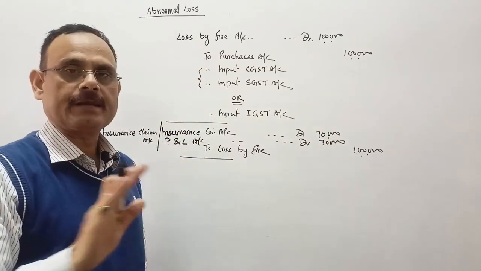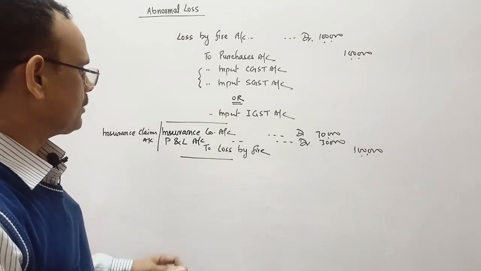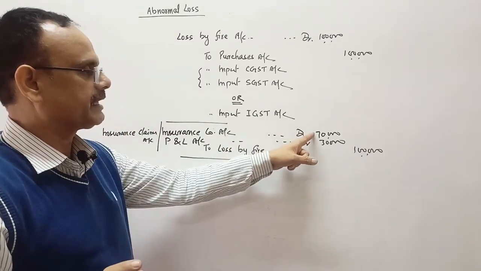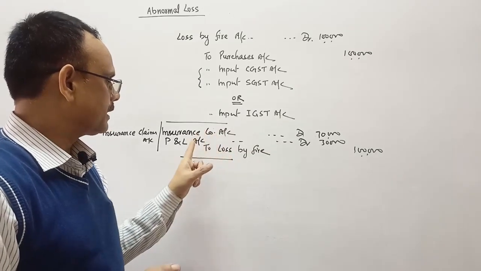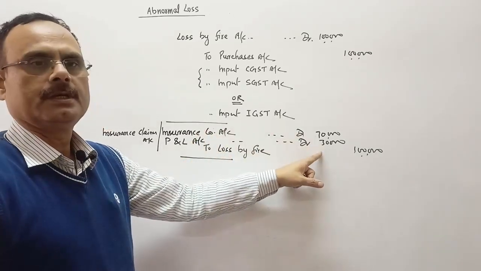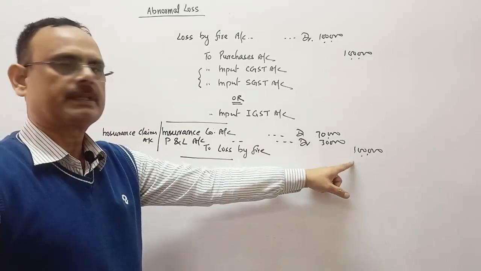If 100% claim is not admitted, suppose only 70% claim, so 70,000 will be transferred to insurance company, 30,000 is the loss, to loss by fire.